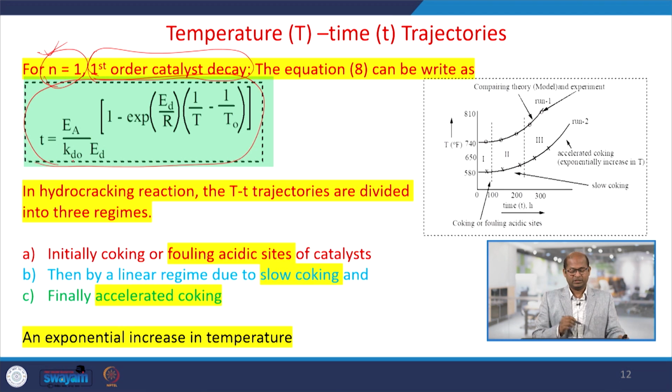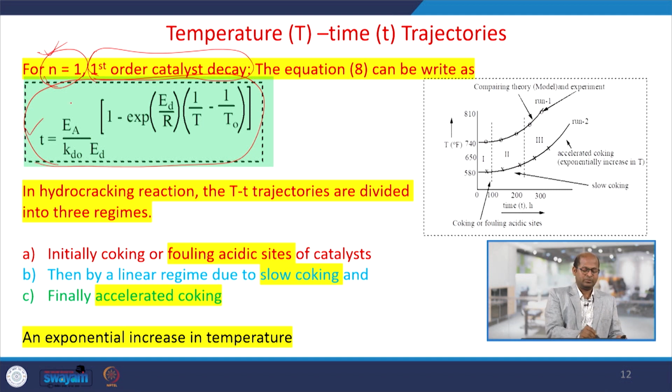This is for a first order decay rate, but the reaction rate we do not know, and the decay rate law could be nth order, any order. So here, for example, we consider a first order decay rate for that catalyst deactivation process.